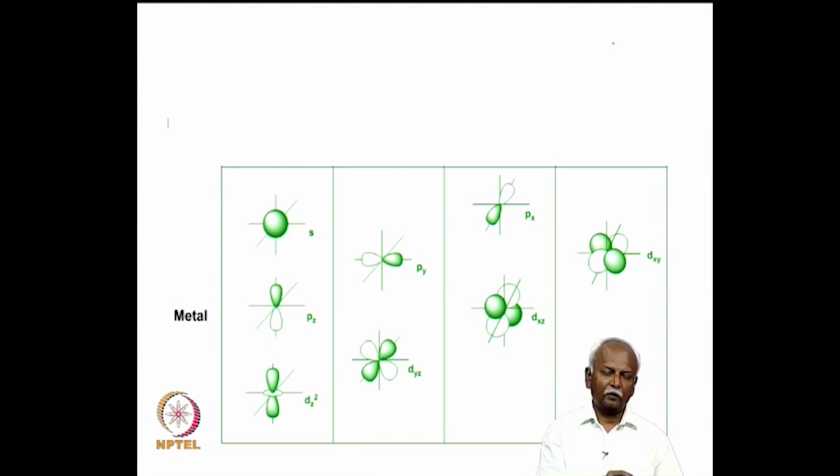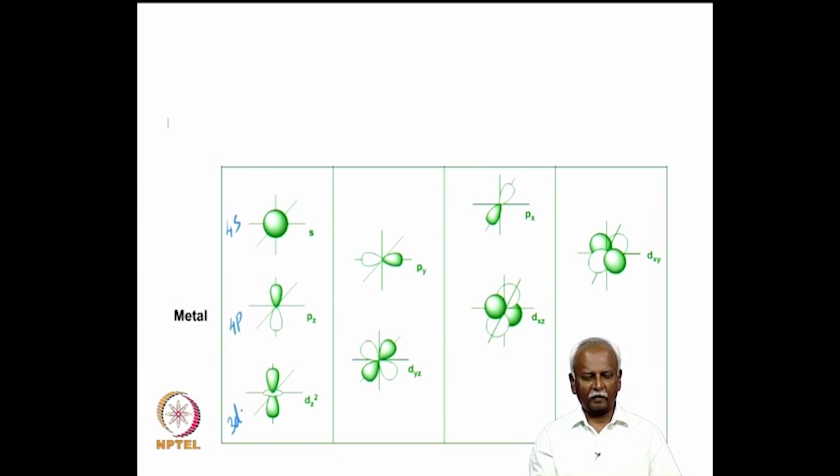If you take a 3d element, then you have the 4s orbital which is available, and then you have the 4p orbitals, 4px, 4py and 4pz, and they are higher in energy than the corresponding d orbitals, the 3d orbitals which are drawn here.